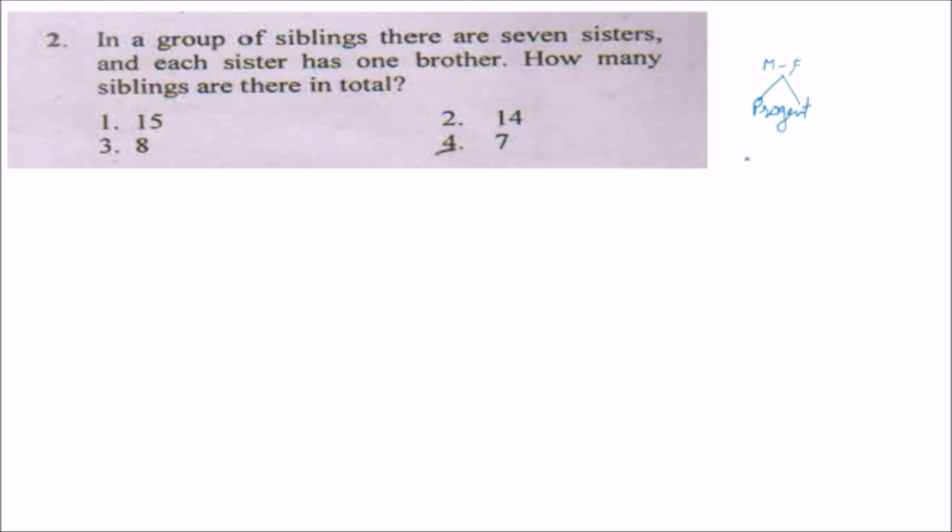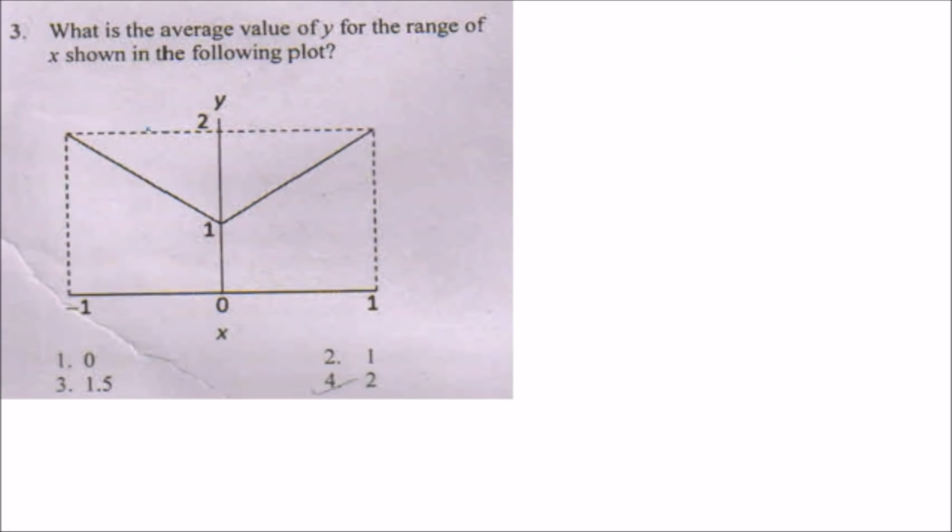So there are 7 sisters, and each sister has one brother, and as they are siblings, all the 7 sisters will have the same one brother. Then how many siblings are there in total? So 7 plus 1 will be number 8.